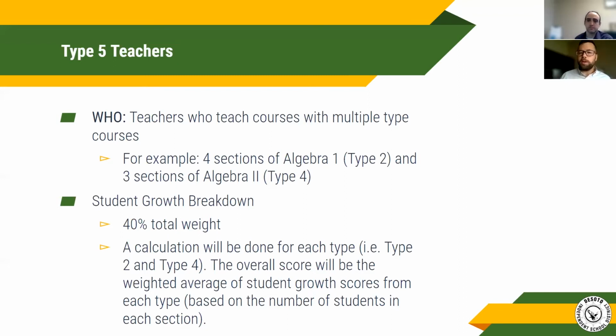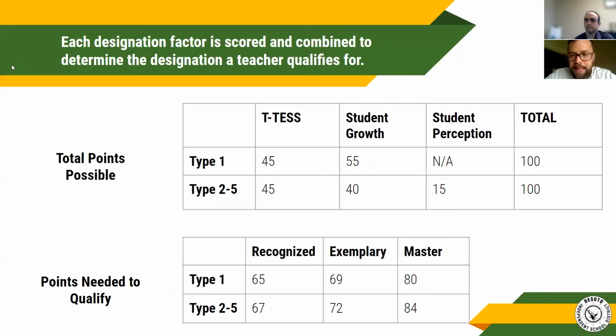What we would do is we would calculate each of those separately. The 40% for student growth is still the same. But then after we calculate both of those separately, we would weight them and they would be averaged based on the number of students that you teach. So if 60% of your students are in Algebra 1, that score will count for 60% of your 40% student growth. And then the others will count for 40%. But again, that's not a lot of people.